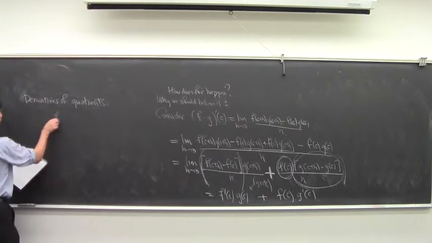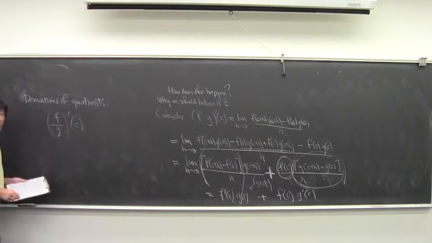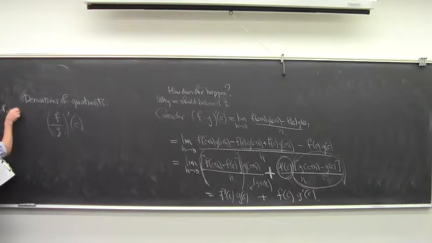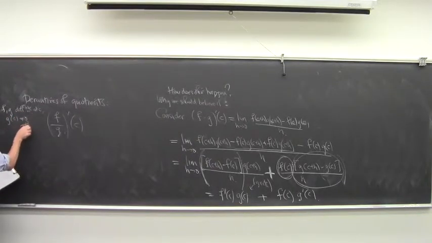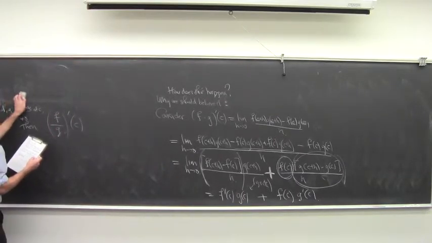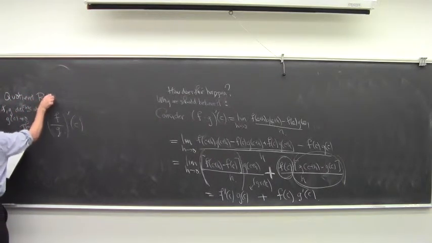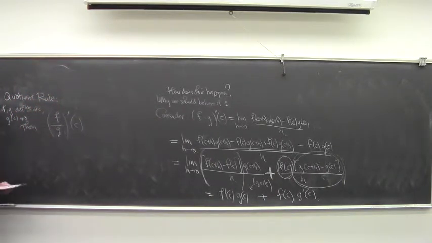If you have a function divided by another function, and you want to take the derivative of that: f and g differentiable at c, and g of c is not 0. Then this is called the quotient rule.